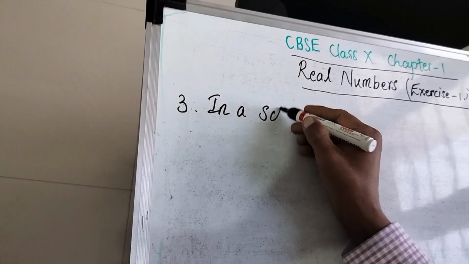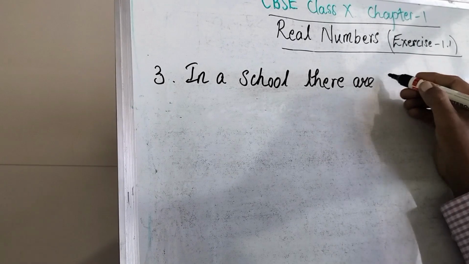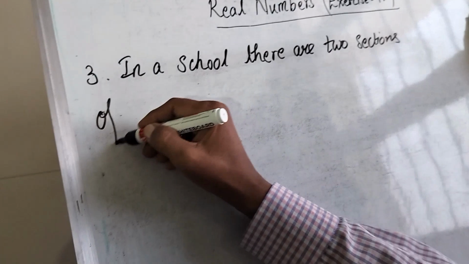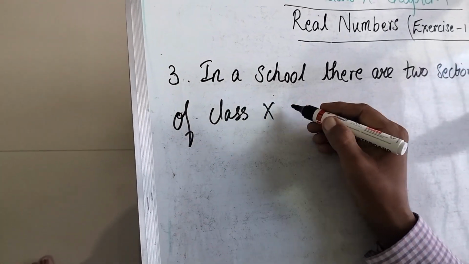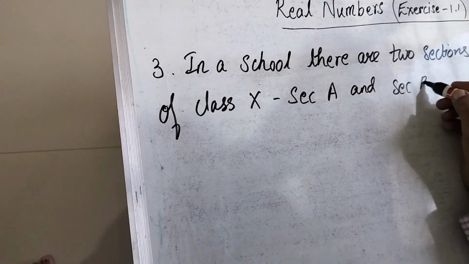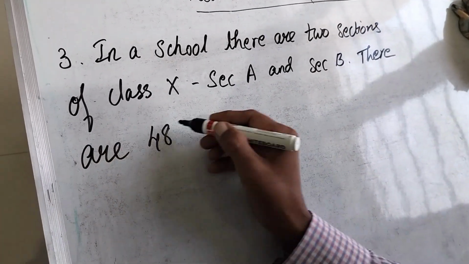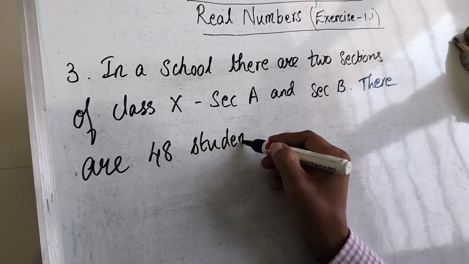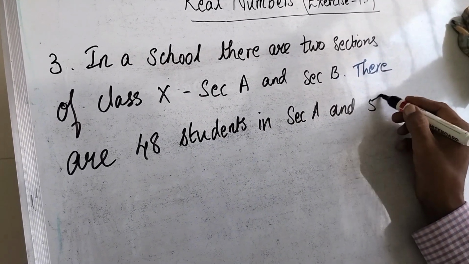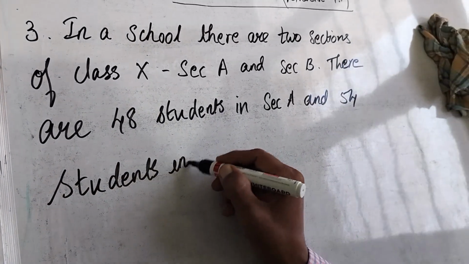In a school there are two sections of class 10th, section A and section B. There are 48 students in section A and 54 students in section B.